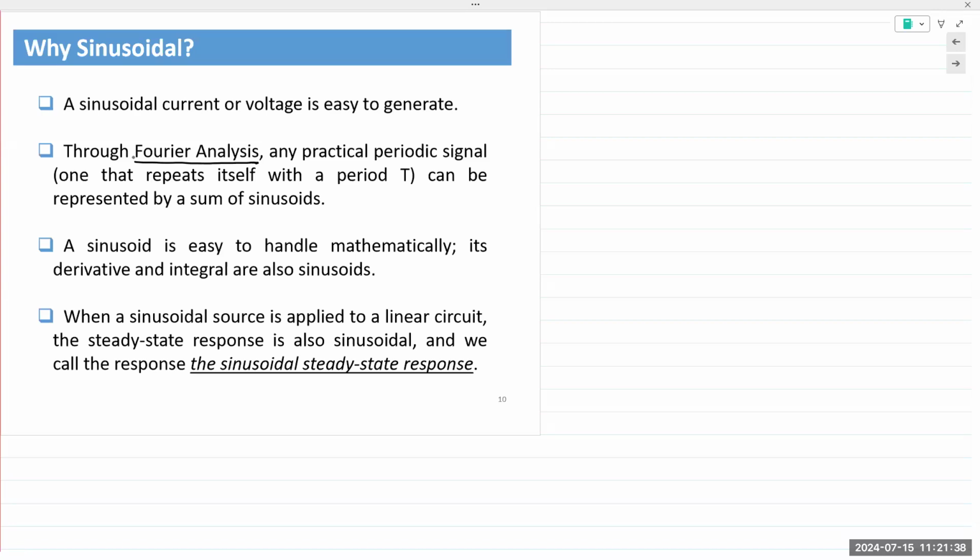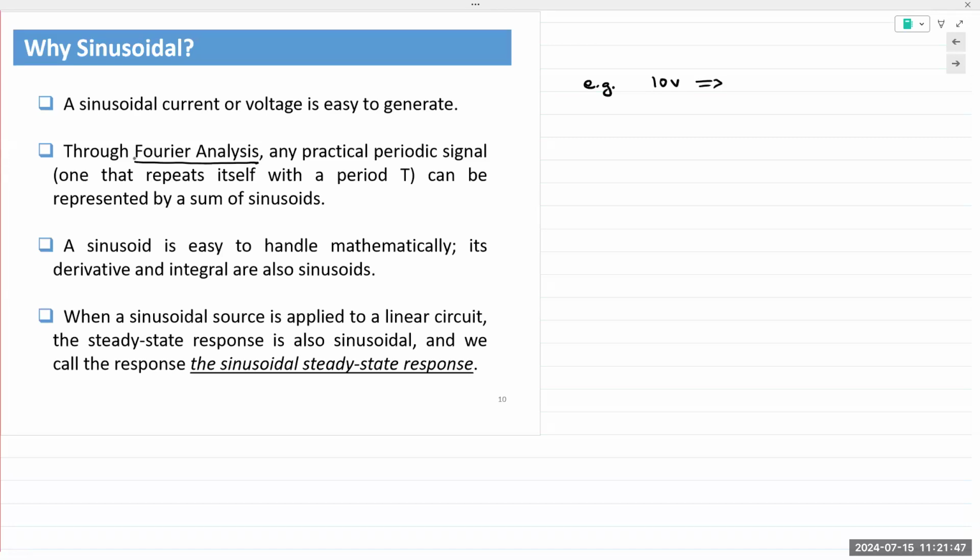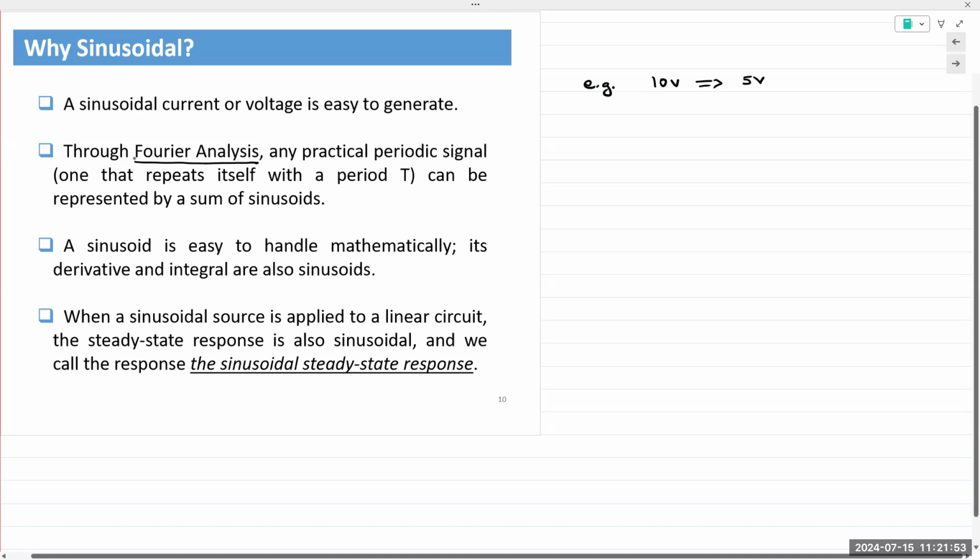If we think about DC circuits, let's say, for example, you apply 10 volts to a circuit, and the resulting voltage at some point in the circuit might be 5 volts, right? So what has changed?